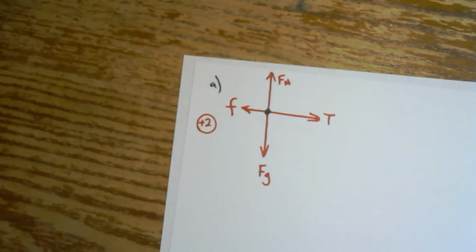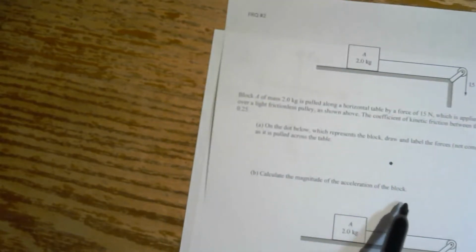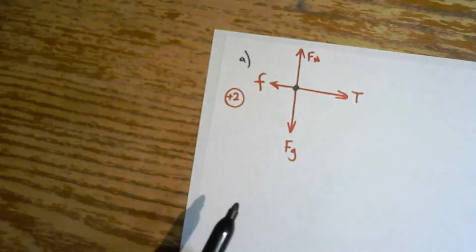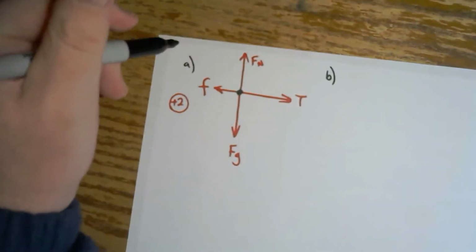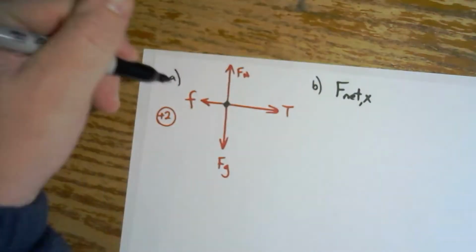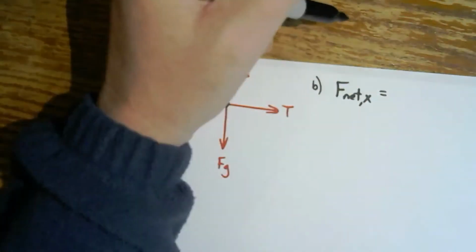Now on part B, the question says calculate the magnitude of the acceleration of the block. So what I want to do to find acceleration is take a net force equation in the x direction, because it's going to be moving to the right, and set it equal to ma.